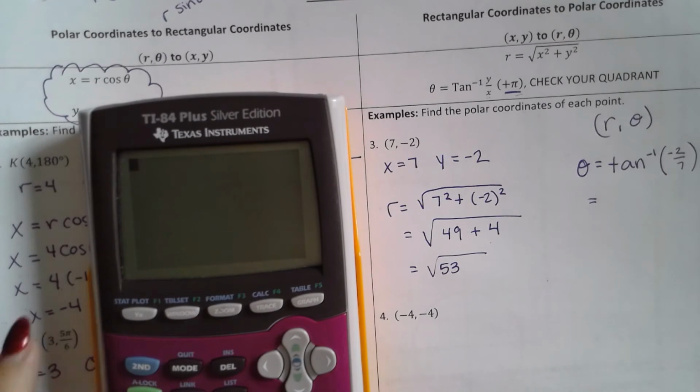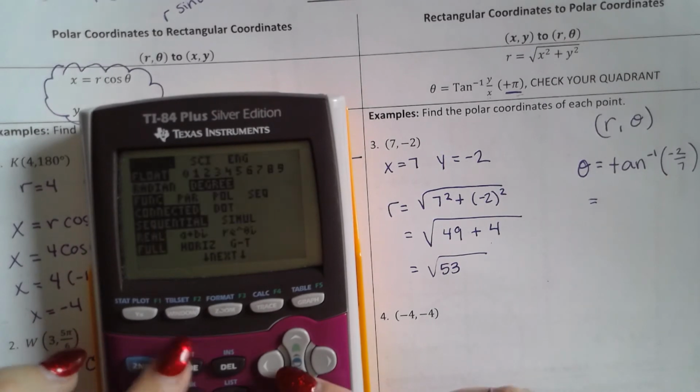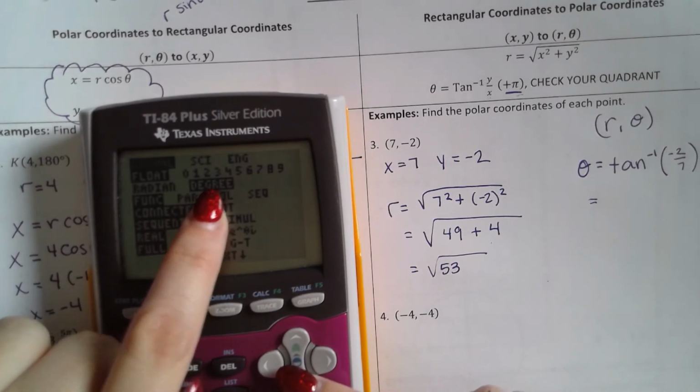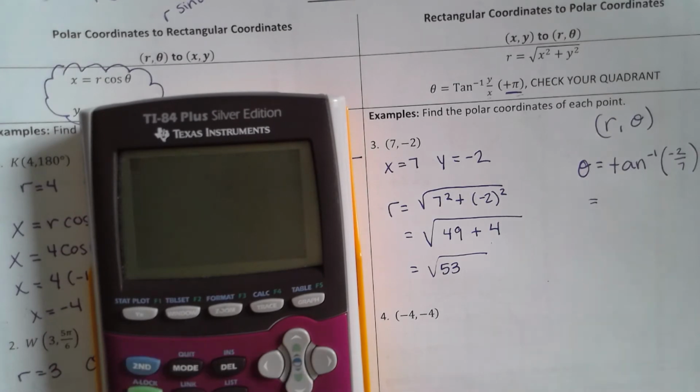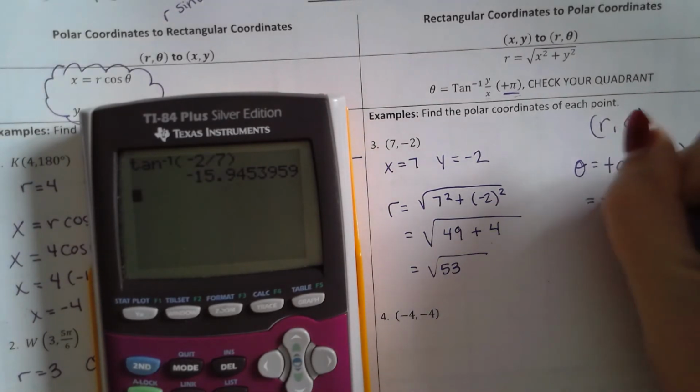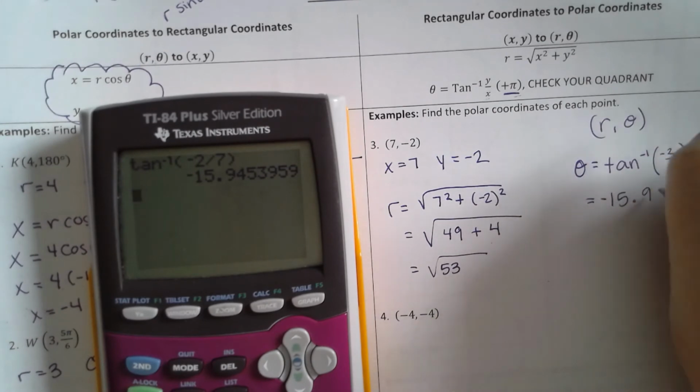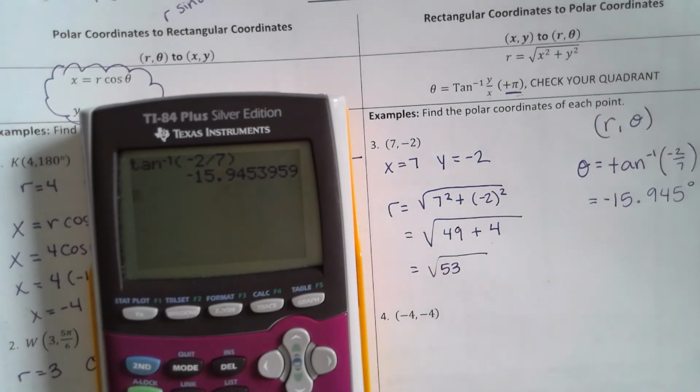Okay, let's make sure that we're in degree mode. So we've got tangent inverse of -2 over 7 gives us -15.945 degrees.